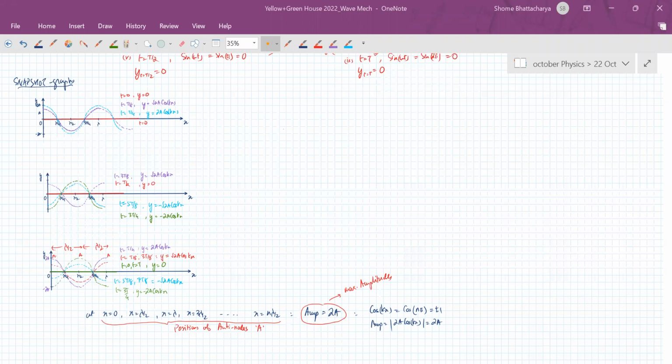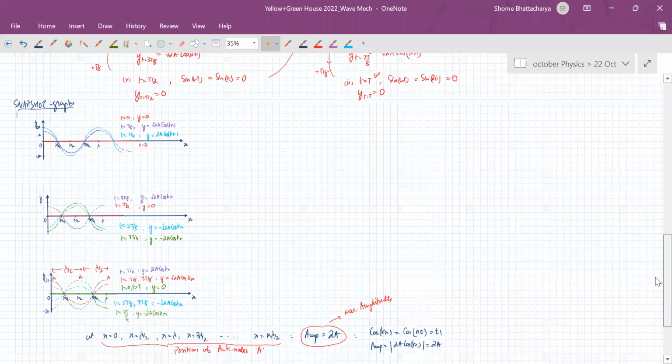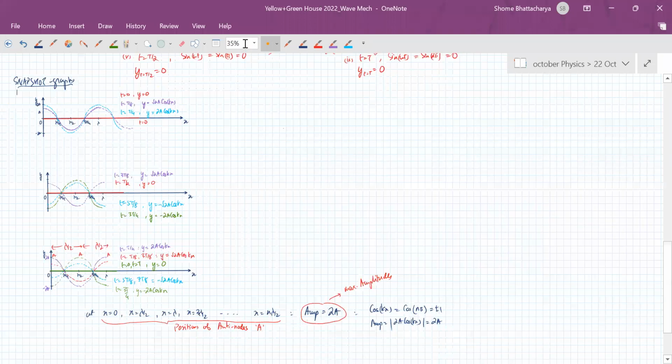Do you want me to zoom in or zoom out? Yes, it must be zoom out, right?